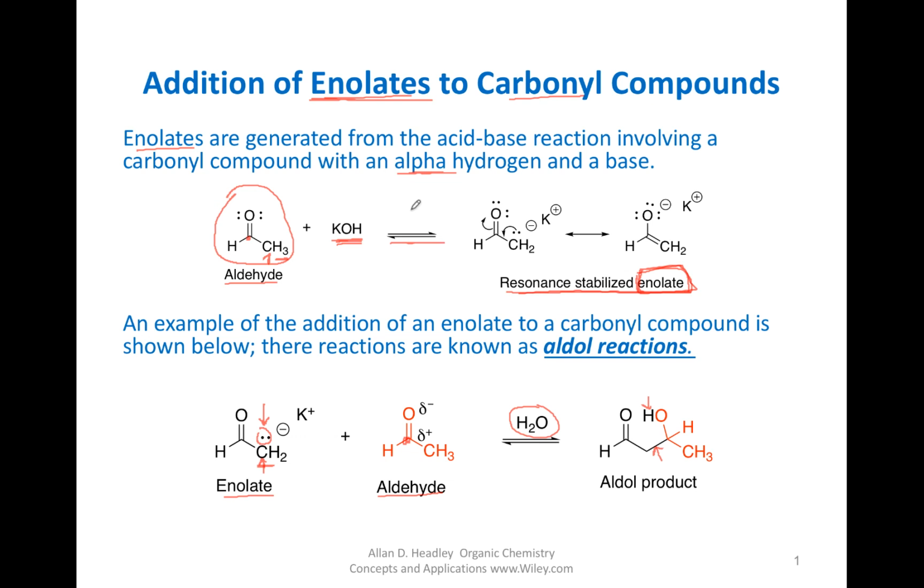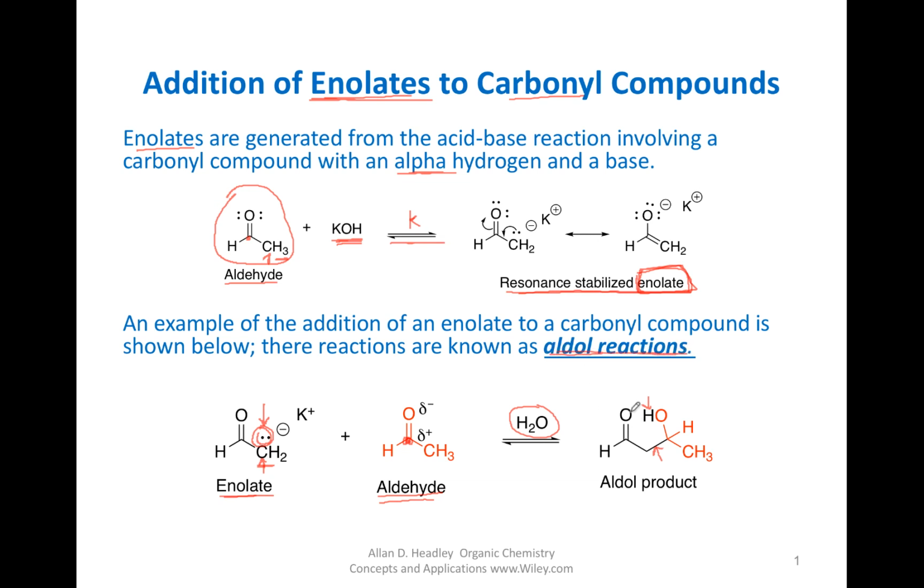This is an equilibrium reaction here. So we have aldehyde in the presence of the enolate. A nucleophile will add to the electrophilic carbon of the carbonyl to form a product. This type of reaction is known as an aldol reaction.